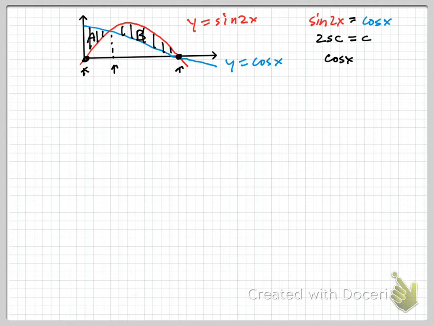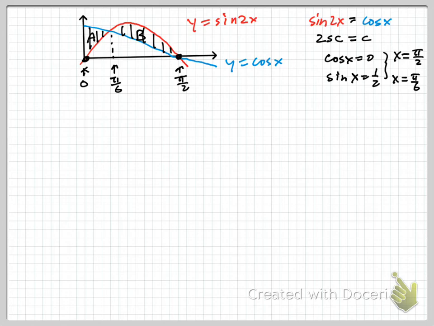So we have cosine x is 0 or sine x is 1 over 2. That is x is pi over 2, or x is pi over 6. So this is 0, this is pi over 6, this is pi over 2. Now these numbers are useful for the boundaries.